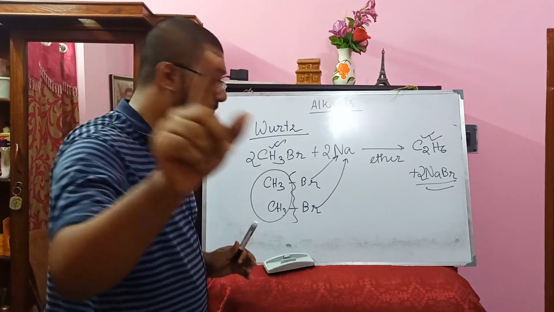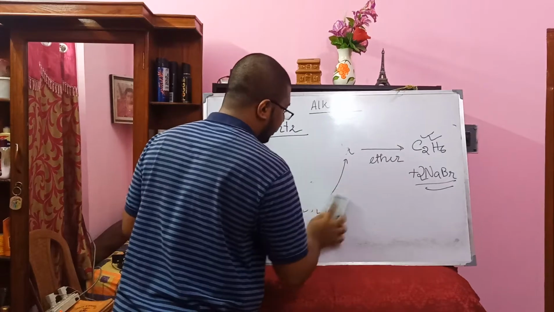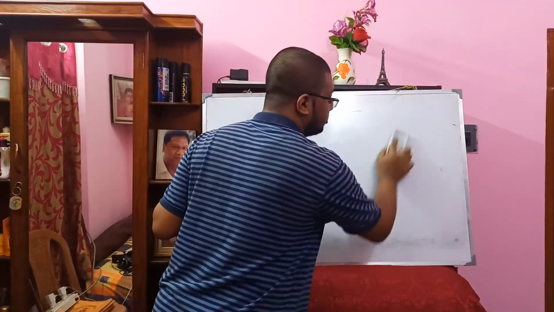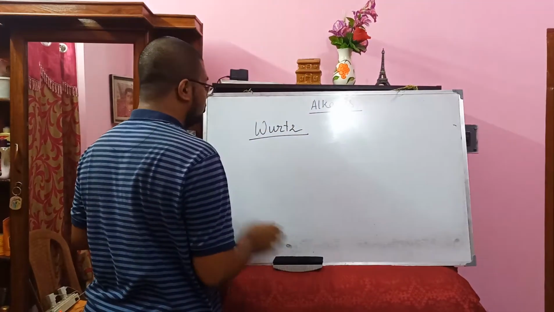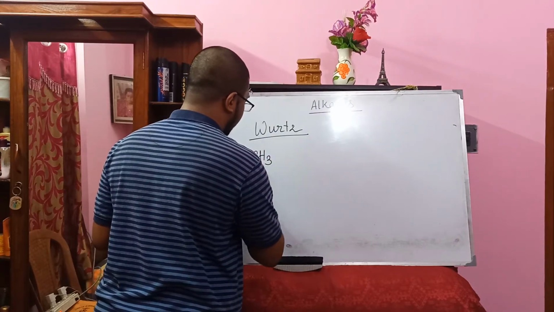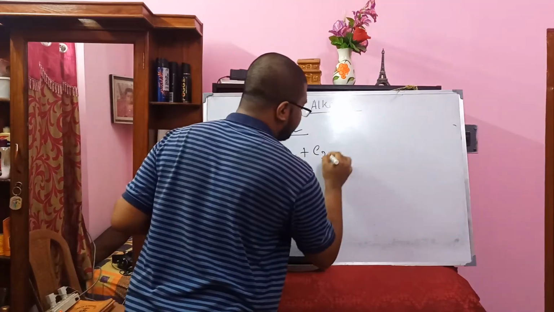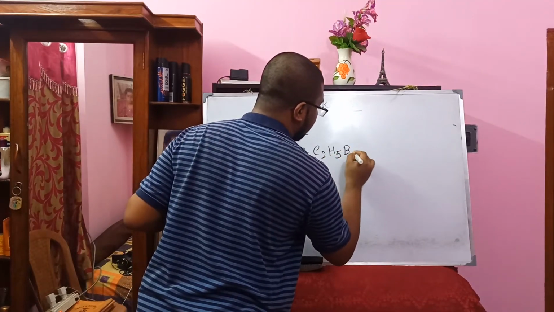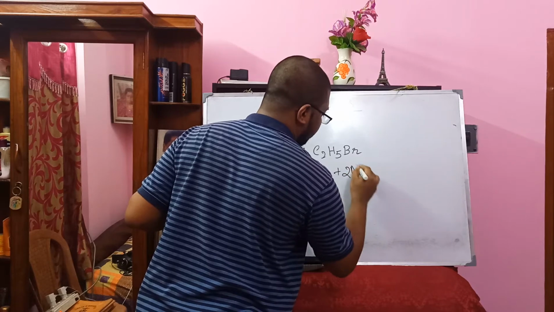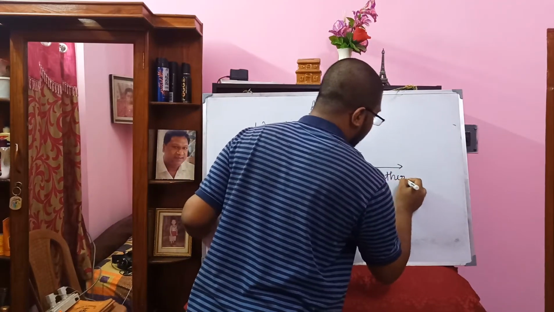But what actually happens, try to understand. Suppose, instead of taking 2 moles of this, you have taken 1 mole of CH3Br plus 1 mole of C2H5Br plus 2Na. Now in the presence of ether, what will happen?